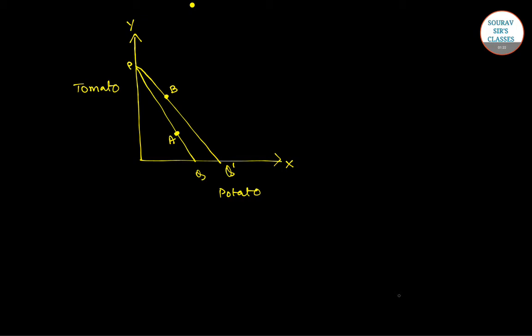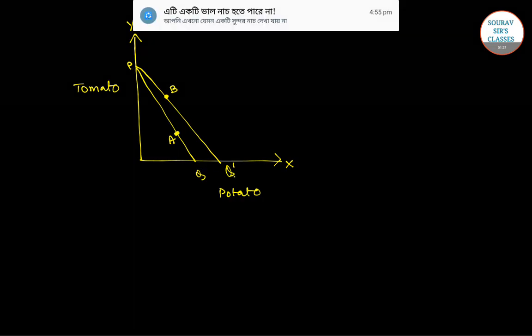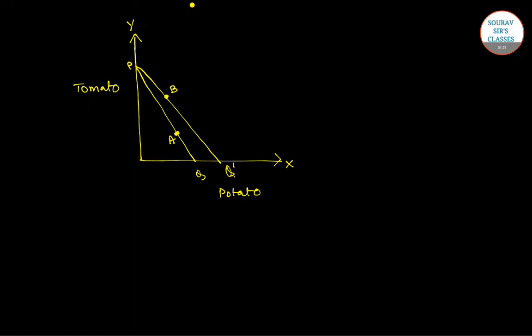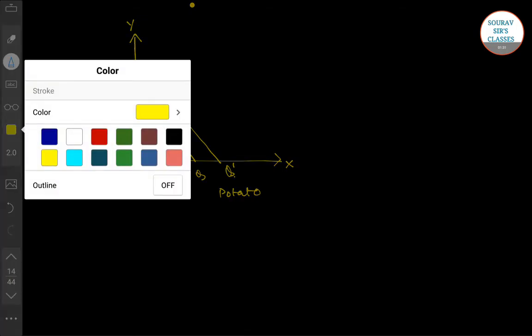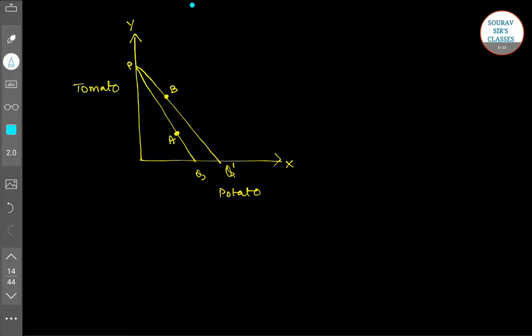Now in this question it is given, after a price change the price line shifts from PQ to PQ1, PQ dash.